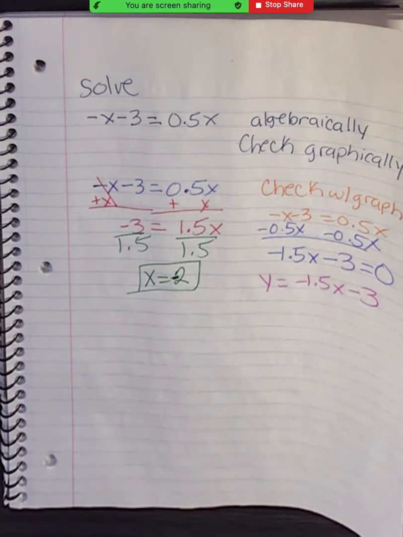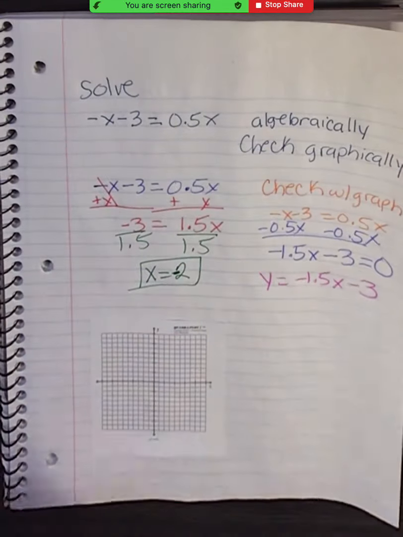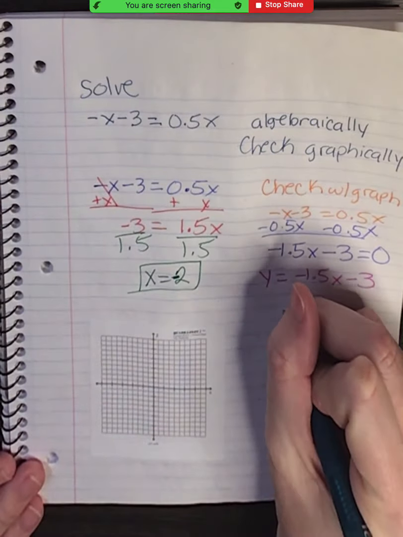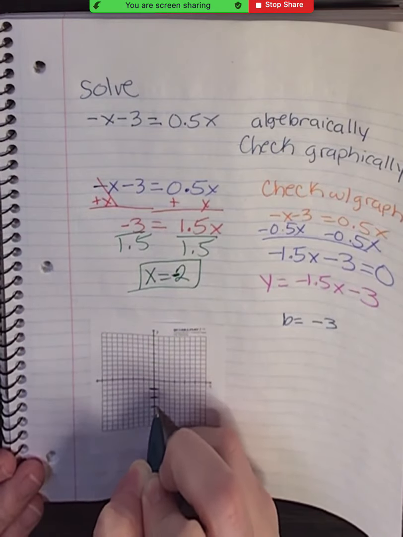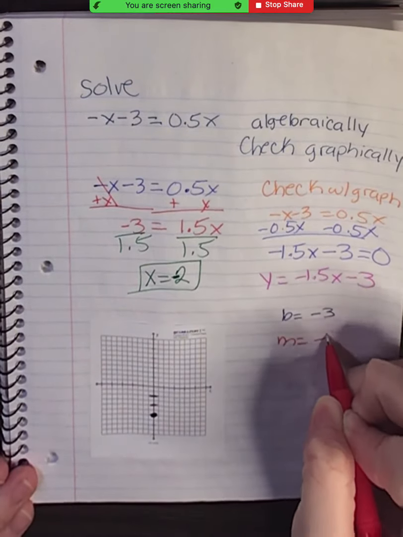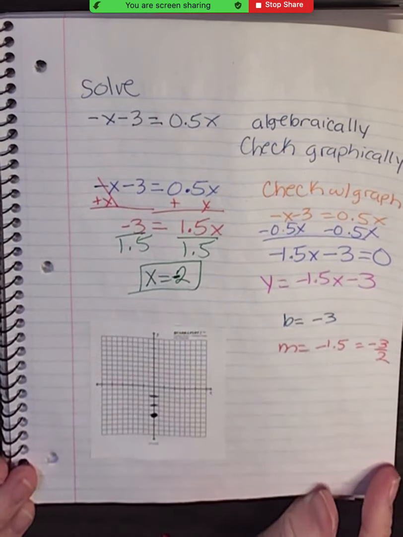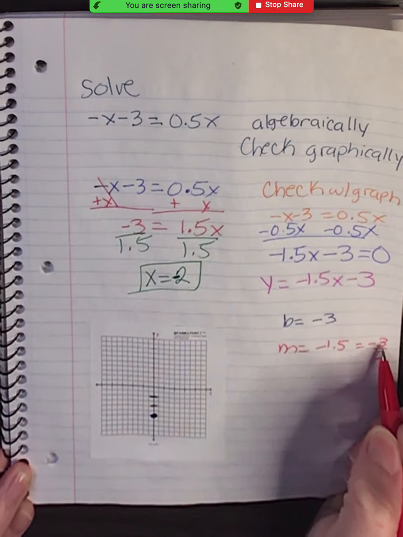So we just learned how to graph using slope and intercept. Okay, so when I look at this equation, my y-intercept is negative 3. So I go down 3. And then the slope is negative 1.5, which is negative 3 over 2 as a fraction. So that means I'm going 3 in the negative.